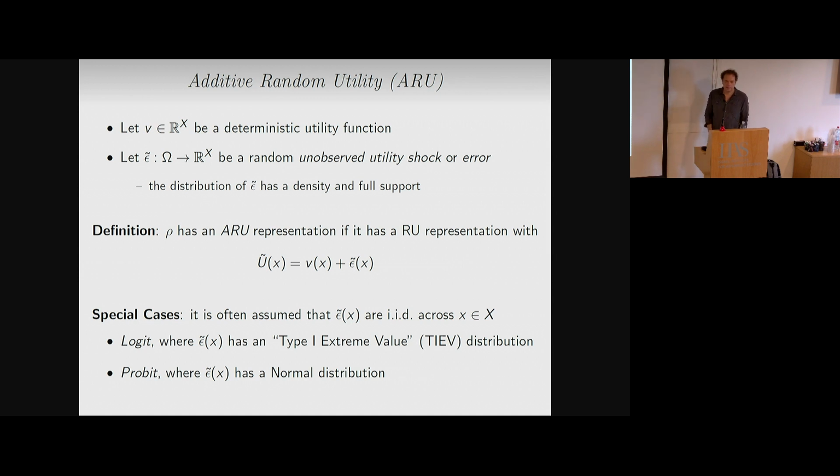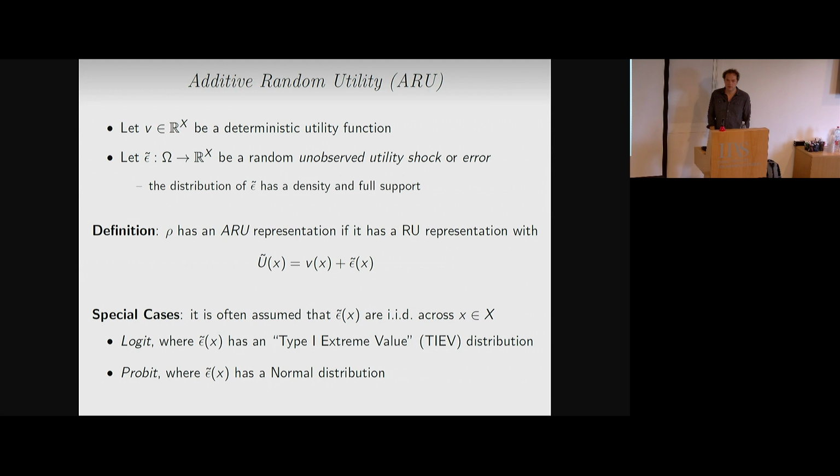This random shock has a density and full support. And rho has an additive random utility representation if it has a random utility representation of this form: u of x equals v of x plus epsilon of x. Now v is deterministic, epsilon is stochastic.